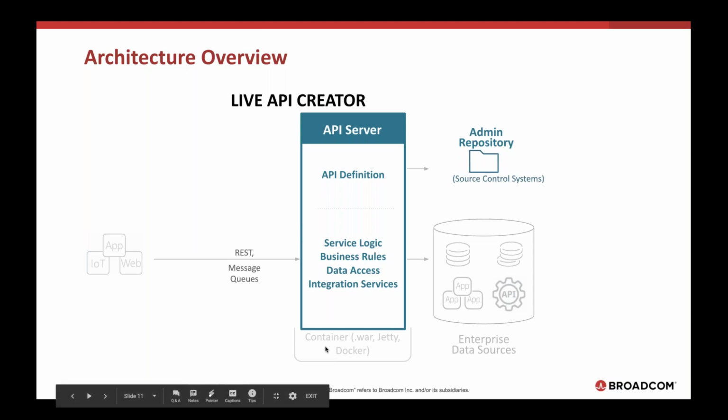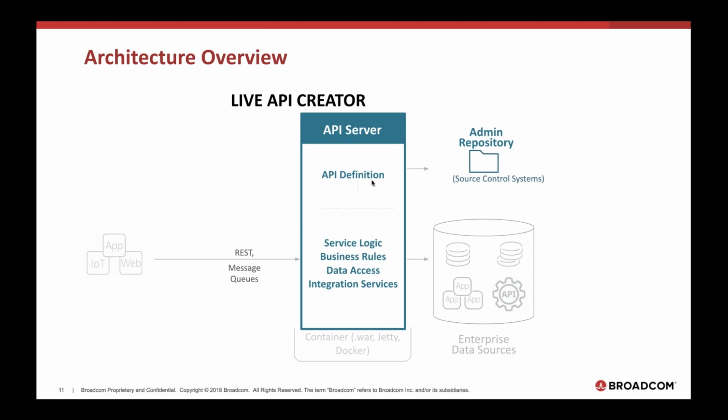What that means is that once you've defined your API, everything is stored in a source-controlled, file-based repository system. All the logic, the role-based access control, the integration services, all that data is stored in your admin repository, which then can be packaged in your container.